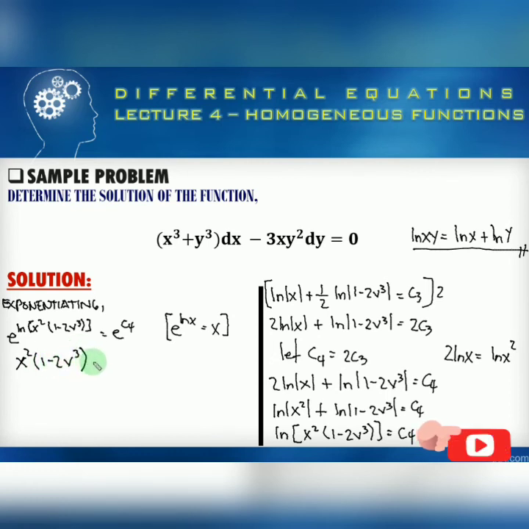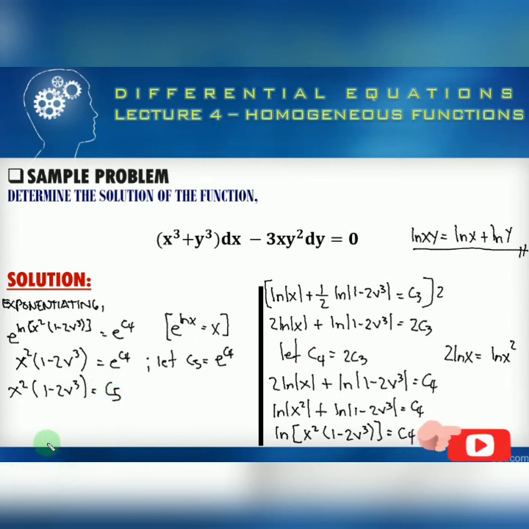Okay, and this is equal to e raised to the constant C4. Let us assume, since we already have C4, let C5 be equal to e raised to the C4. So we can say that this is equivalent to x squared times 1 minus 2b cubed equal to C5.